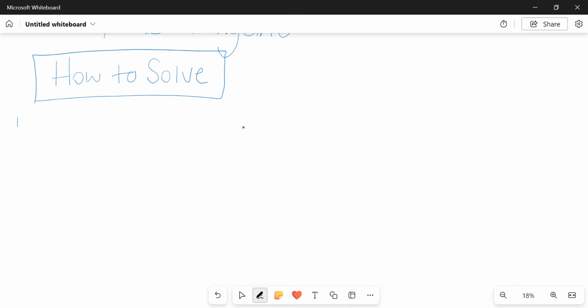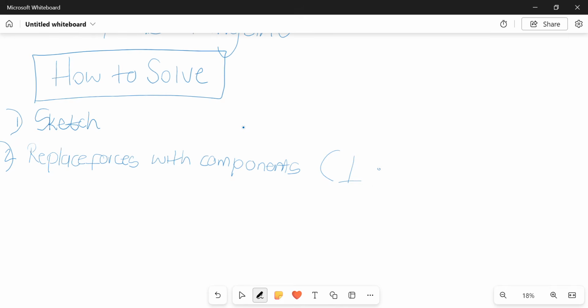Step 1, you need to sketch your diagram. Step 2, you need to replace your forces with components. Remember, this will include the perpendicular one and the parallel one.